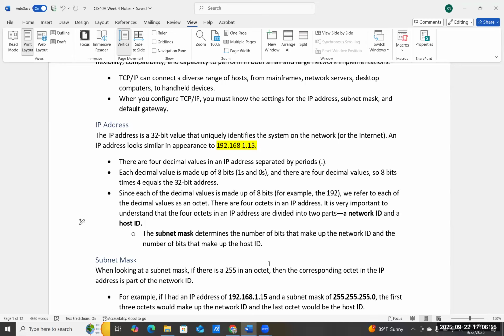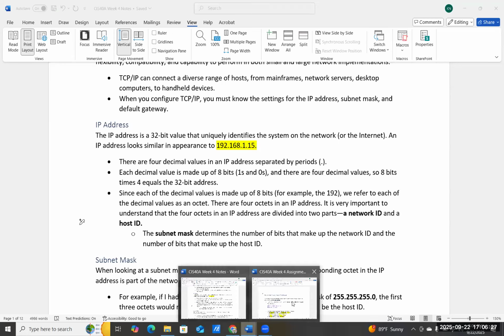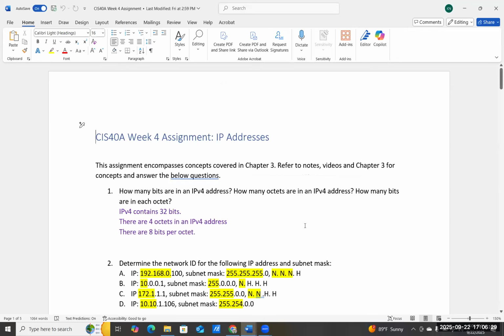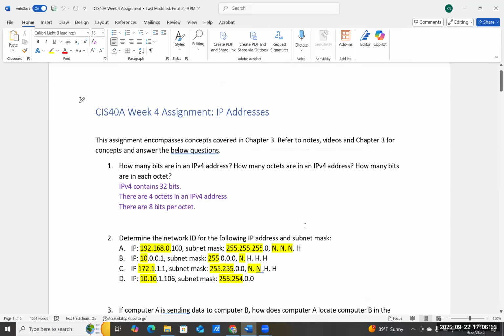Okay, so when we go through the assignment, let's answer the first question together. Number one, how many bits are in an IPv4 address? We said that IP version 4 is made up of 32 bits. The number that you see is a decimal number, okay? The decimal number is our human counting number. It's what you learn when you start learning how to count, like 1, 2, 3, 4, 5.